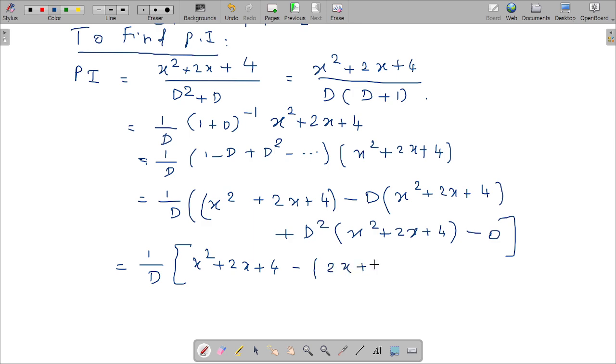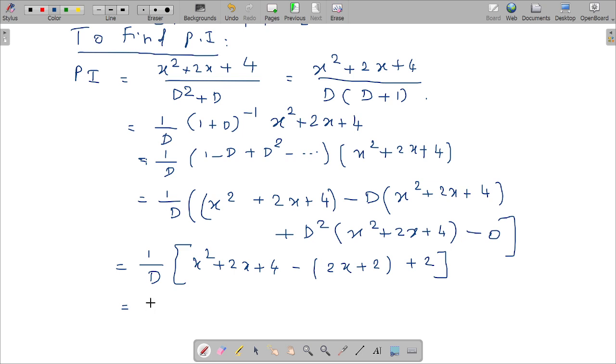And D square of x square plus 2x plus 4 is 2.